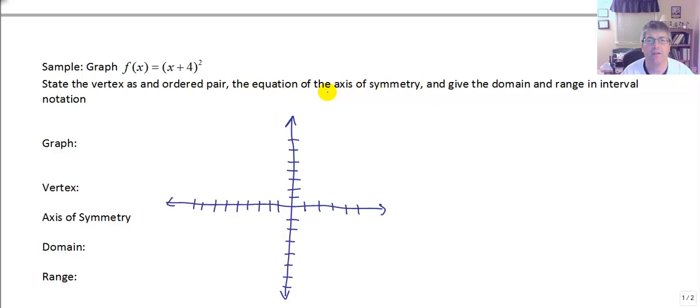We'll find the equation of the axis of symmetry, and we'll give the domain and range in interval notation. So this is plus 0, so there's going to be no vertical shift, but we have a horizontal shift of 4 units to the left.